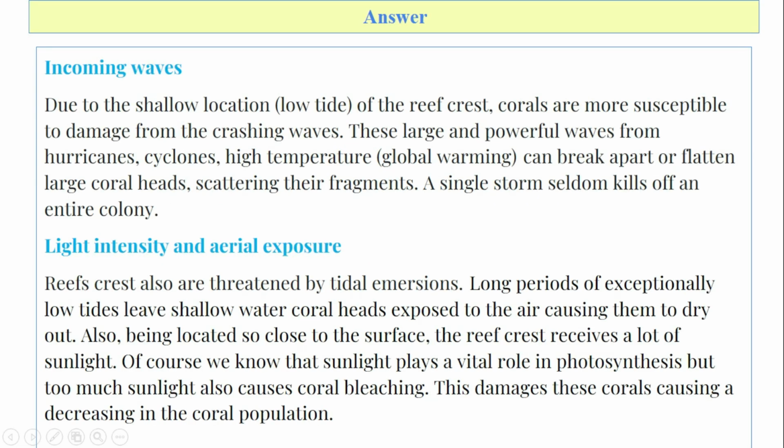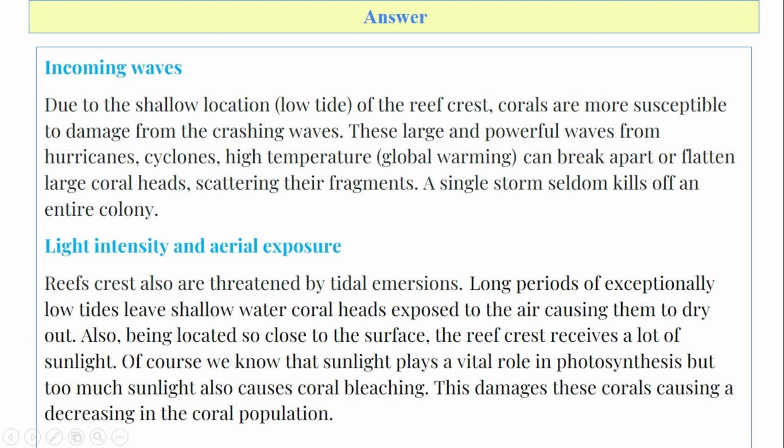Alright, so incoming waves. Due to the shallow location, low tide of the reef crest, corals are more susceptible to damage from the crashing waves. These large and powerful waves from the hurricane or cyclone, whose high temperature is caused by global warming, can break apart or flatten large coral heads, scattering their fragments.